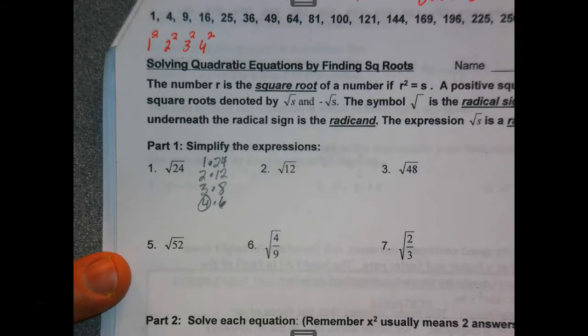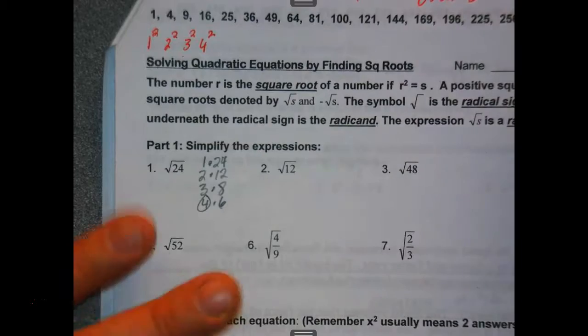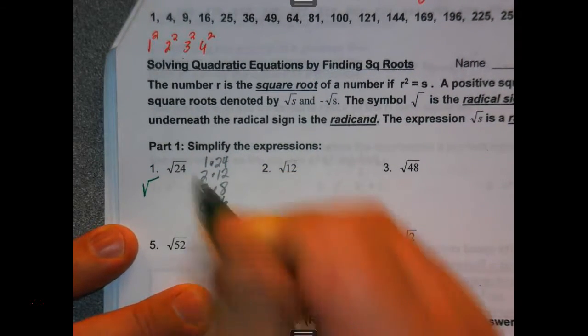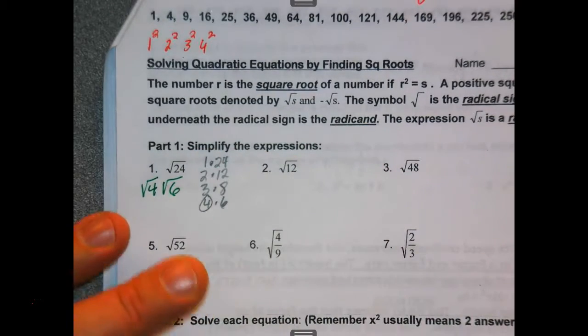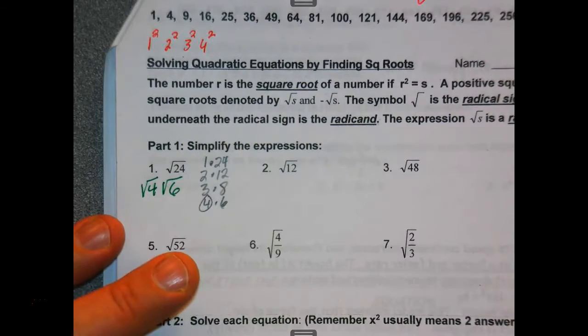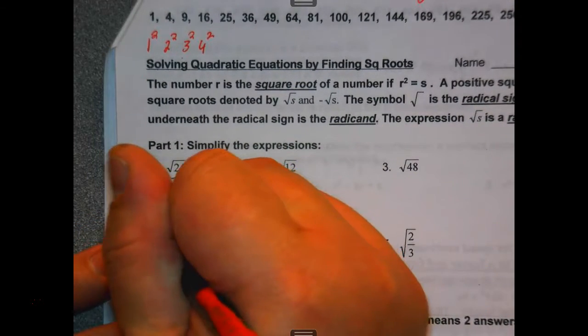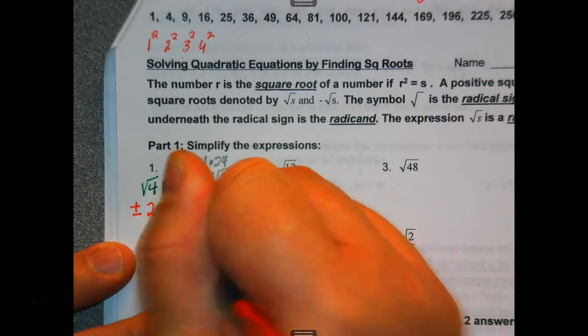No. So I'm going to split this square root of 24 up into the square root of, I'm going to put my perfect square first, 4 times the square root of 6. And then I can actually take the square root of 4. What is it? Yep. Don't forget the plus or minus. 2 square root of 6.